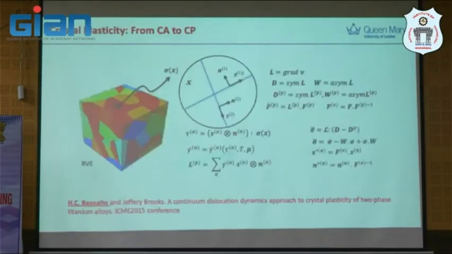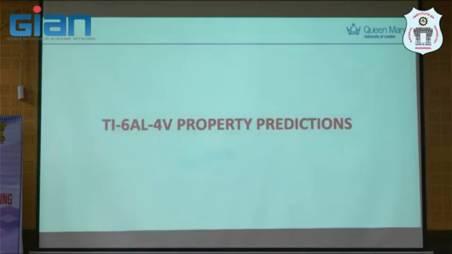I don't want to go into much more because it's not my area of expertise. So we work with colleagues in continuum mechanics to translate this information across to another length scale, which is crystal plasticity for Titanium-64.